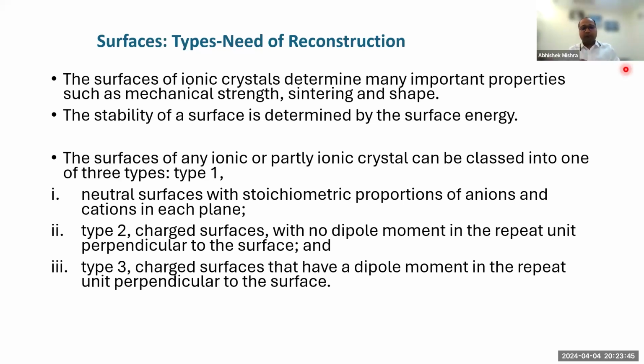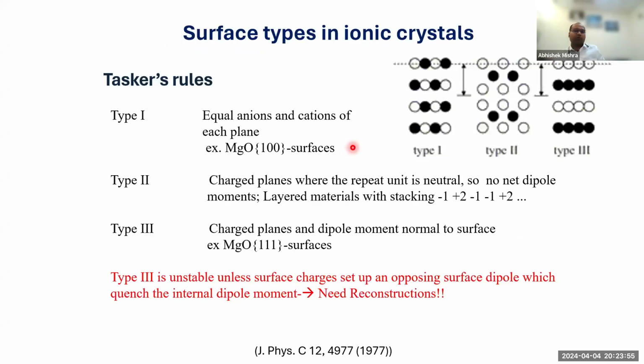This was explained by Tasker. You can have different kinds of surfaces. Let me go to the next slide, which gives a pictorial representation. Look at this. You can have type one surfaces where you have positive and negative ions.